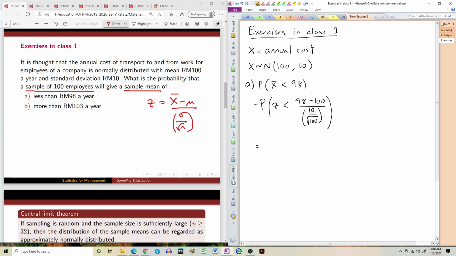The bracket should be like this, but in this case I allow you to do this. Only in my class, no problem. I suppose you guys know how to use the normal table, the Z table, so I no need to draw again the bell shape graphs, all these things you should know.